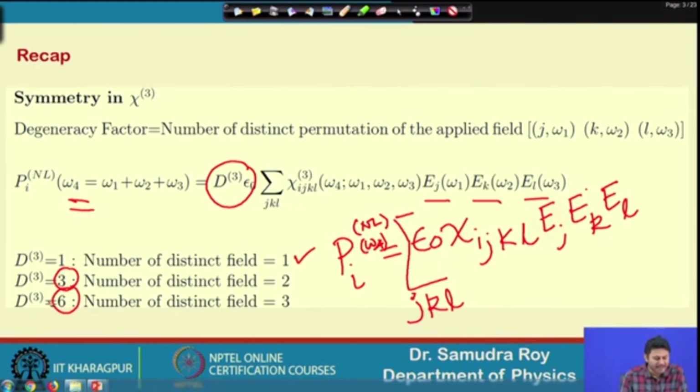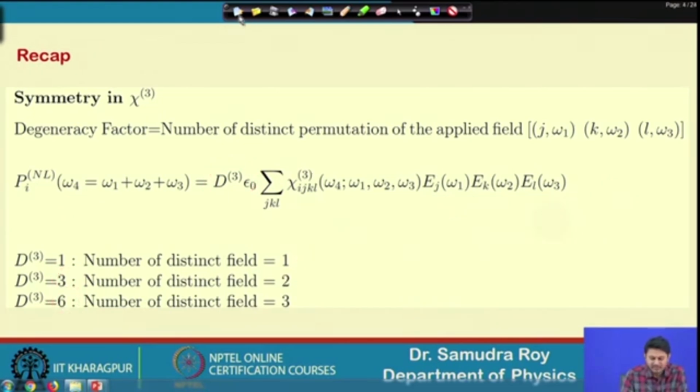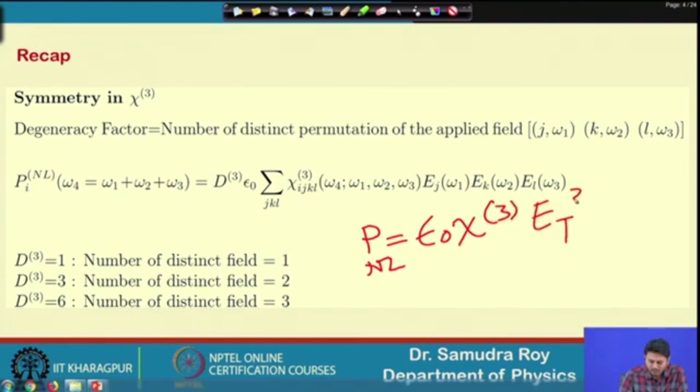So, this term will appear several times when we do the calculation, and why they come we can understand very easily, because if I write the nonlinear polarization in scalar form, which is very effective as I mentioned several times, it should be E total whole cube.